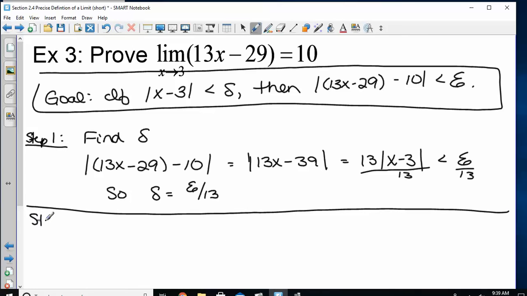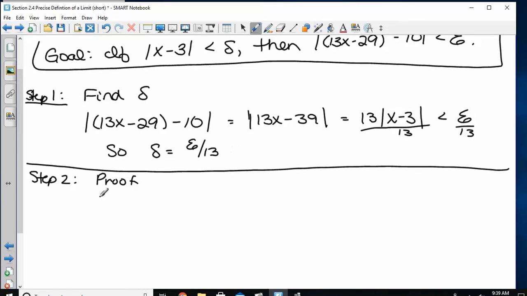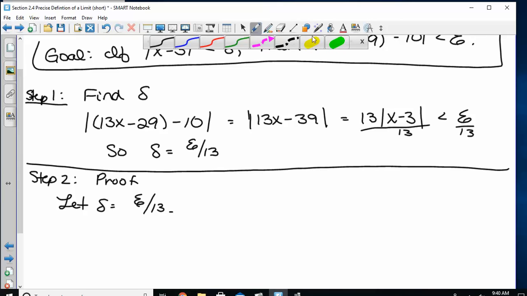Step 2 is the proof. First thing you have to do in your proof is tell me what delta is. So I'm going to say let delta equal epsilon over 13. Then we are going to basically recite our goal up until that less than epsilon part.